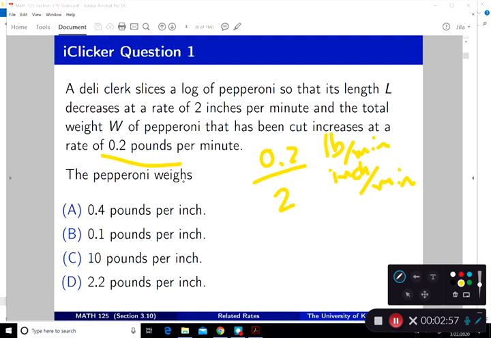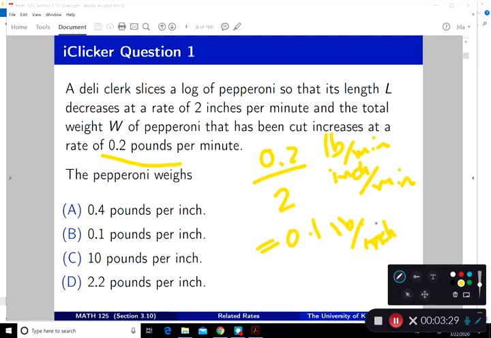So it feels like these two are going to relate to how much weight per inch the pepperoni has, and it seems like it's 0.2 pounds per 2 inches. That is 0.1 pounds per inch. And if you look at the units, minutes and minutes simplify, and you end up with pounds over inches.